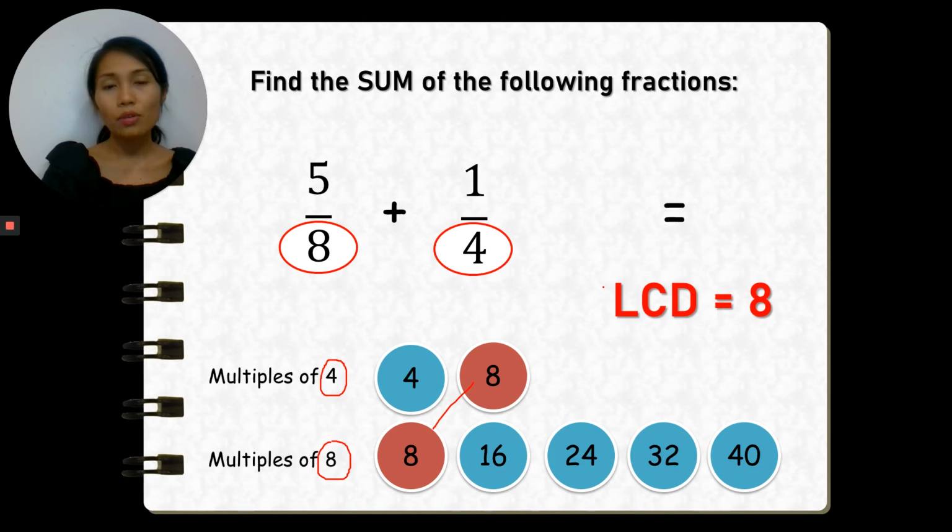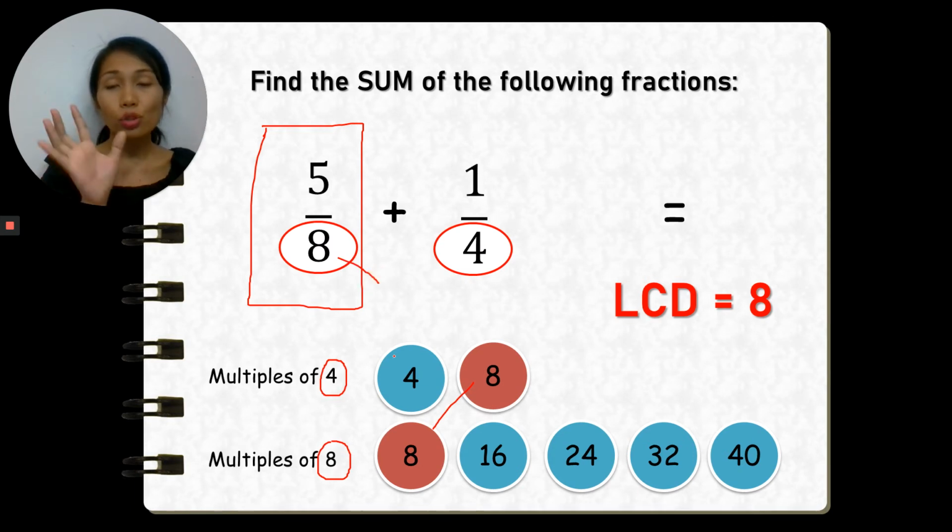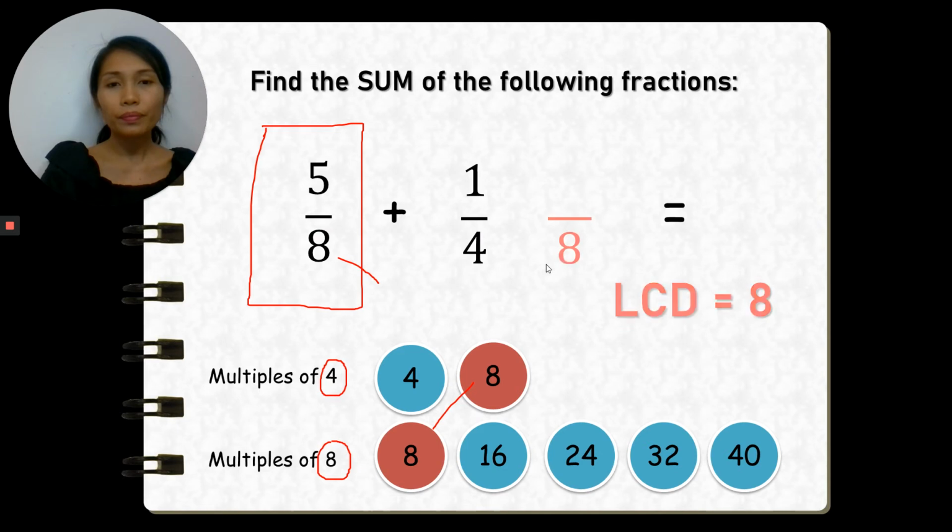But as you can see, one of our fractions already has 8 as denominator, so we don't have to change this one. Now we will only change this 1/4 over here. So let's make 8 the new denominator since our LCD is 8.